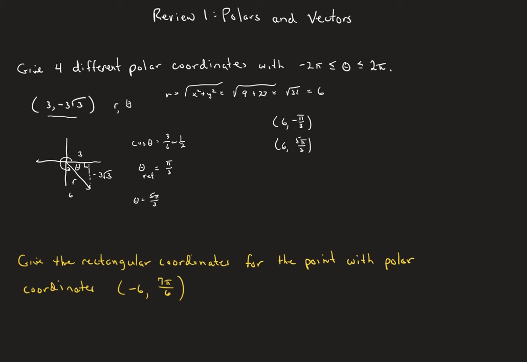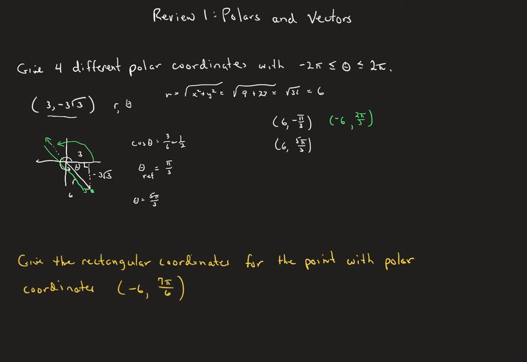Then, if we extend this angle into quadrant 2, then we could also get to this same point by going through an angle that is going to be, I guess that would be 2 pi over 3 would put us into quadrant 2, and then a negative value of r will shoot us through the pole and take us to that same point.